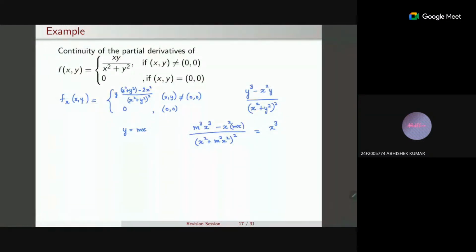But here I'll have x cube times some function of m. It is m cube minus m, divided by, the x square comes out and I get an x to the 4 times 1 plus m square whole square, right? So I'm left with 1 by x kind of a thing times a constant.